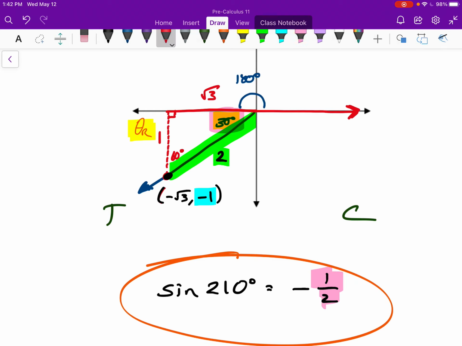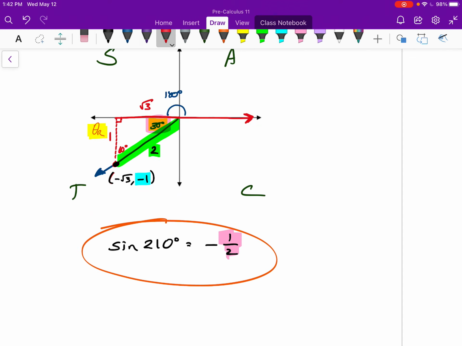Once we knew our reference angle was 30 degrees, we could just think about what the sine of 30 degrees is, and go directly back to our special triangle. So to accomplish this even faster, once I knew sine was negative and my reference angle was 30 degrees, I could just think about a 30, 60, 90 triangle, again 1 to root 3, and realize that the sine of 30 is 1/2.